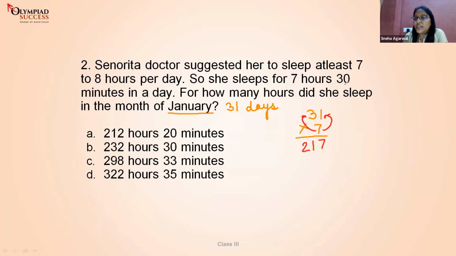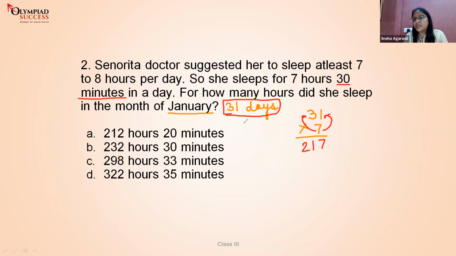Now you also need to calculate for 30 minutes, right? So in one day 30 minutes. So for 2 days it will be 1 hour, right? Now you have 31 days. That means if you take 2 days, you will be getting 1 hour. So 31 divided by 2.